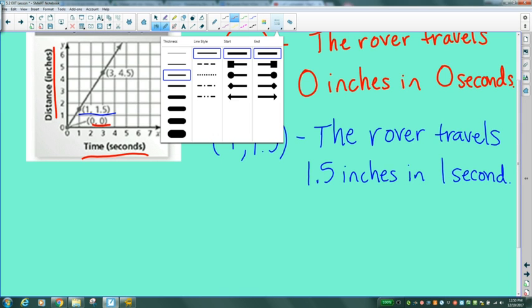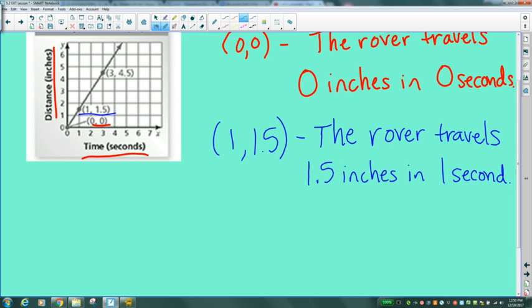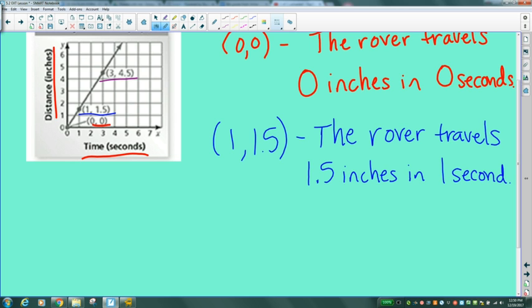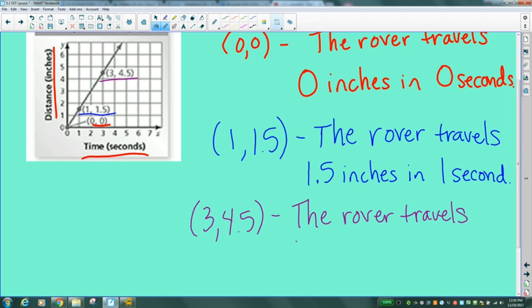And then we have a third point. Our third point is 3 and 4 5/10, or 4.5. This is stating that the rover travels 4.5 inches, again, the y value relates to the distance, in 3 seconds.